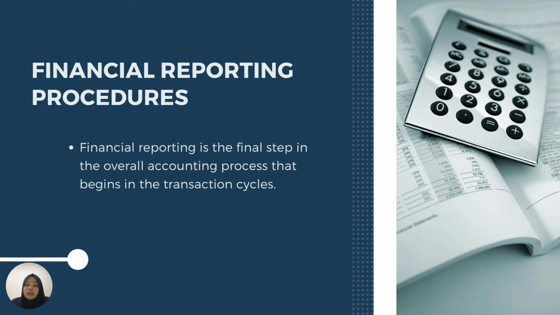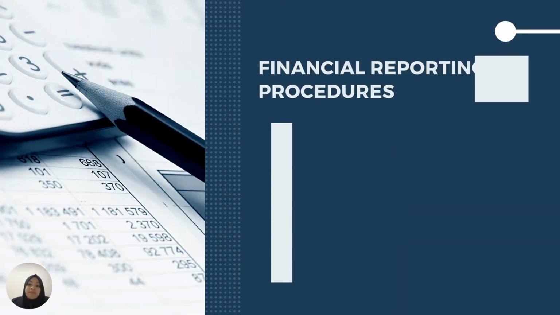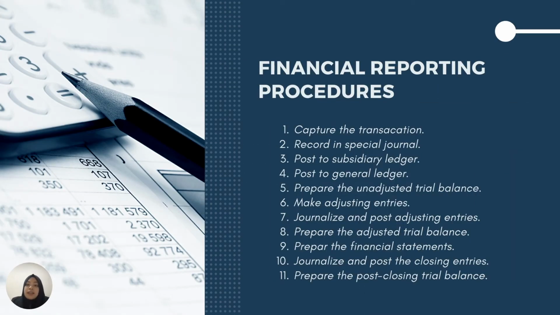Next, financial reporting procedures. Financial reporting is the final step in the overall accounting process that begins in the transaction cycles. Now, these are the financial reporting procedures. First is to capture the transaction. Within each transaction cycle, transactions are recorded in the appropriate transaction file.